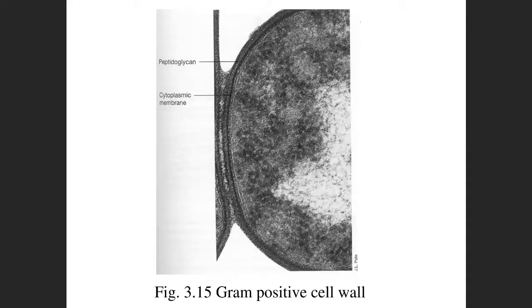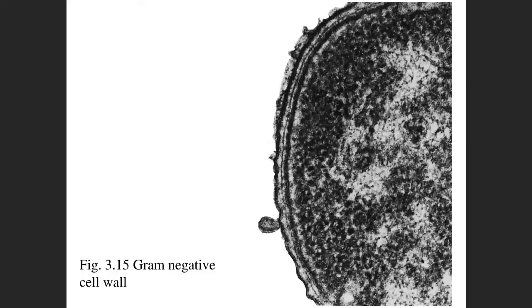And so let's look at the gram-positive cell wall for a minute. It's somewhat simple. You have the cell membrane, and then you have the peptidoglycan layer. Okay, and for gram-negative bacteria, here you have 3 layers, right?